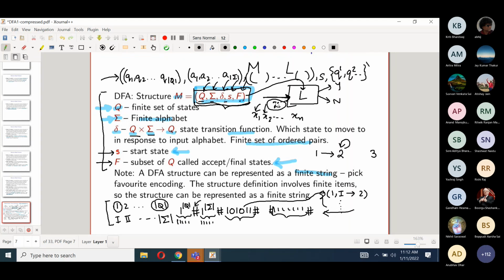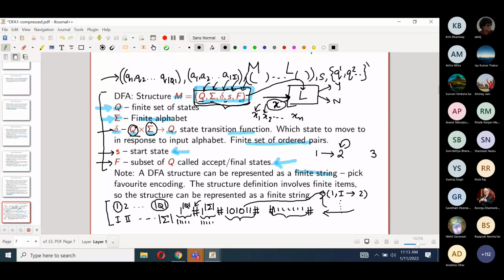If you look at Q cross sigma star, instead of Q cross sigma, what would this set be? You have a finite set product a countably infinite set. Countably infinite. Correct.